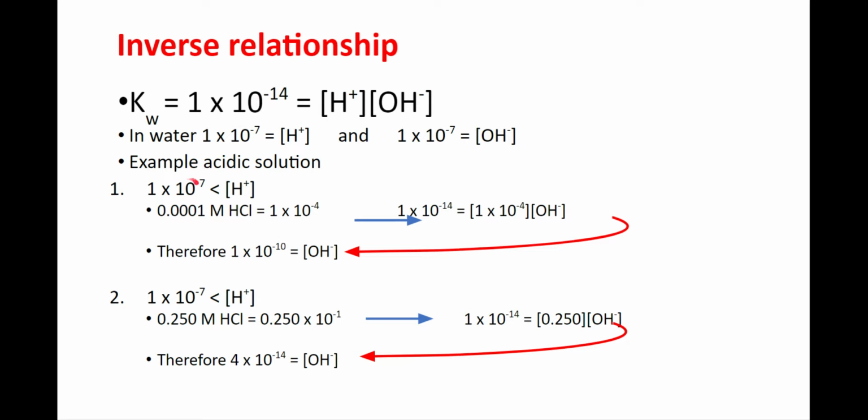So here's an example. If you have an acidic solution, the hydrogen ion concentration is going to be greater than 1 times 10 to the minus 7th. Here's an example: you've got a 0.0001 molar concentration of HCl. That's equal to 1 times 10 to the minus 4th.